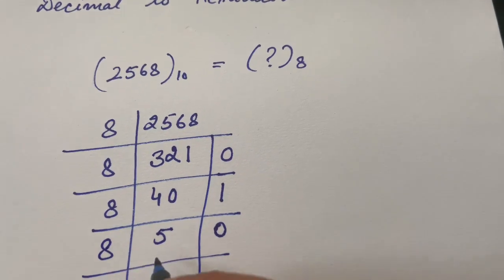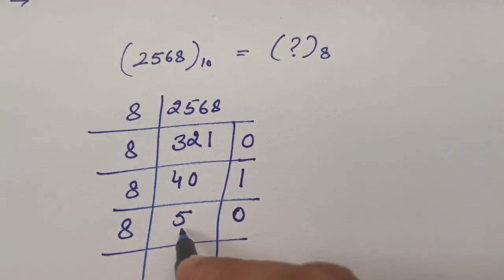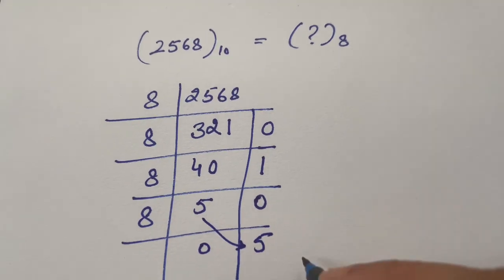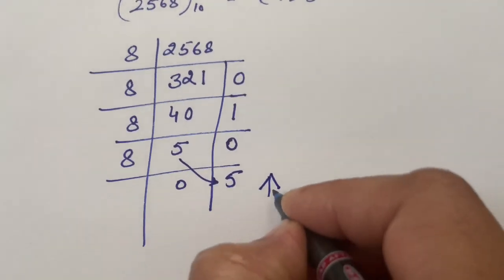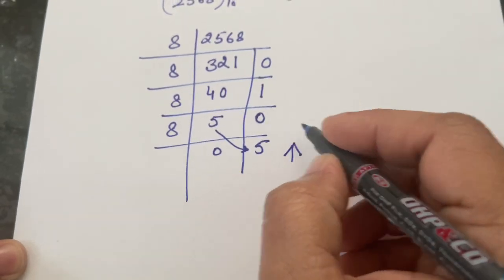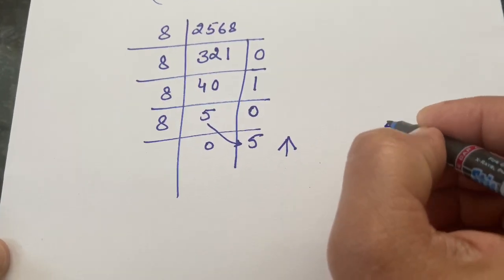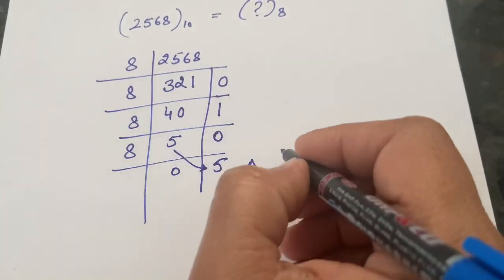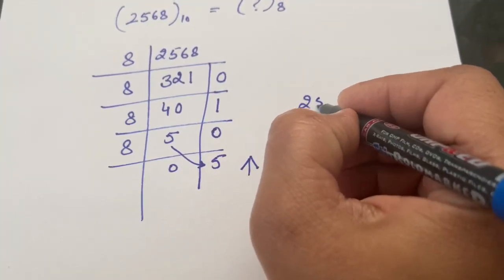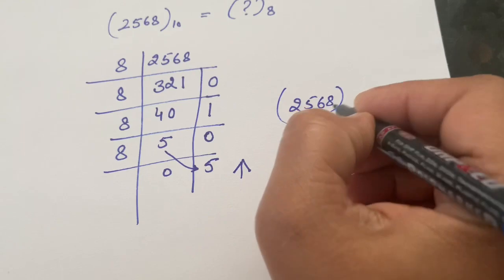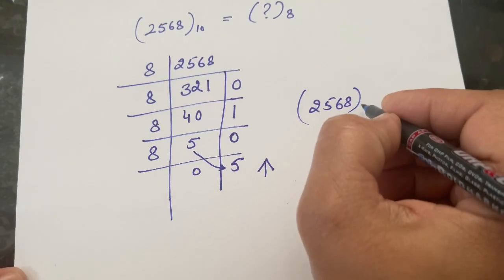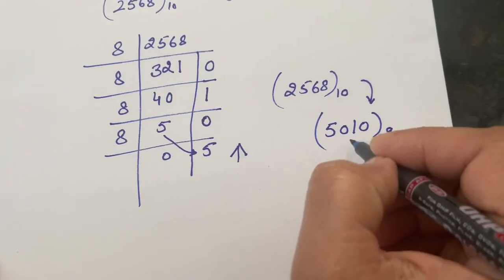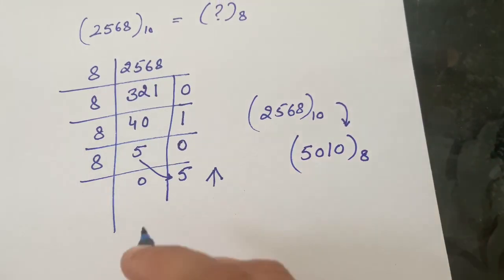Now see, this cannot be further divided, so we will keep it here, and you know we write the answer from bottom to top. So here we have 5 0 1 0. So this number 2568 decimal, if we convert into octal, will be 5010.